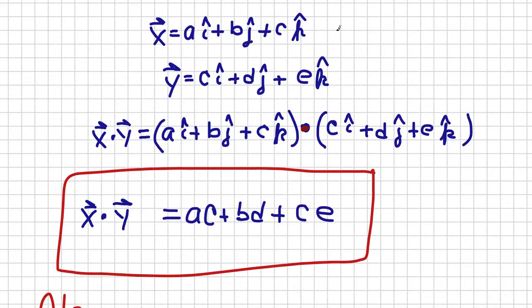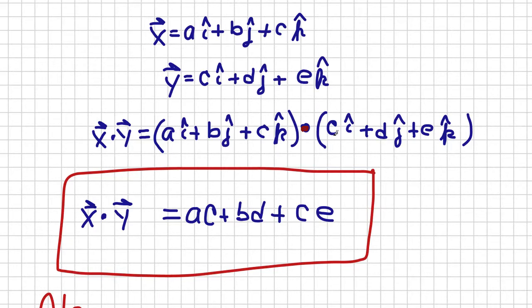Now in class I defined the dot product between these two vectors. I use this notation: x dot y. Now x dot y also equals y dot x. It doesn't make any difference what order you do it in. X dot y I write as follows: I have my x vector dot my y vector, and I compute a times c plus b times d plus c times e, and I just add those products up.